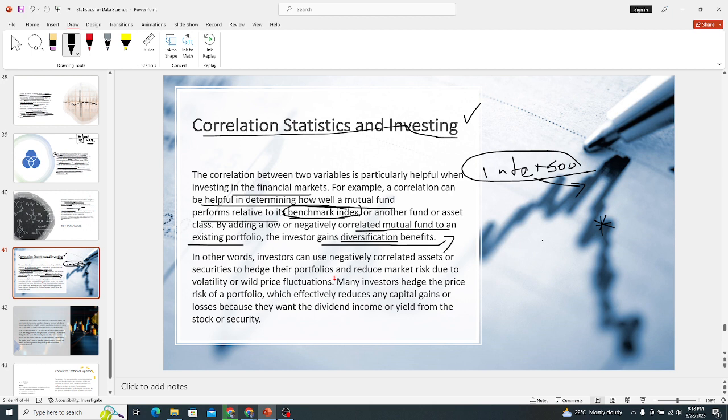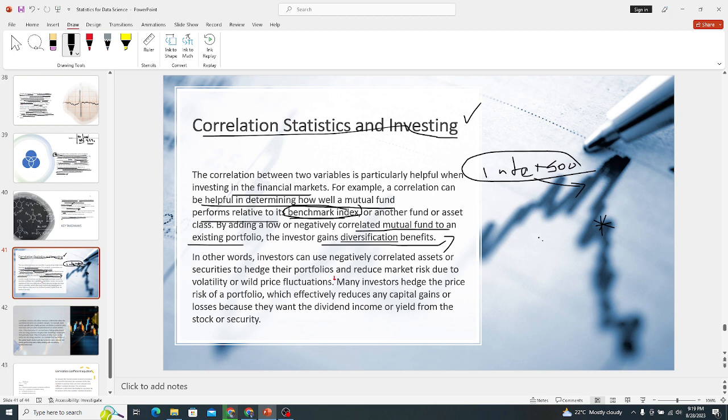It's like you are not putting all your eggs in the same basket; you are combining poorly performing and good performing assets. So at least you will have diversified. If the low performing mutual fund's price increases, definitely you will enjoy profit.